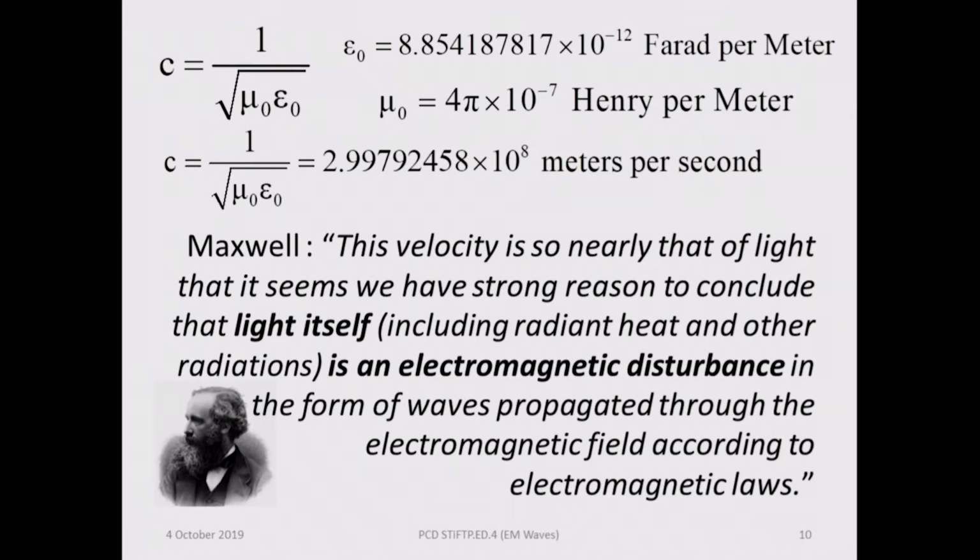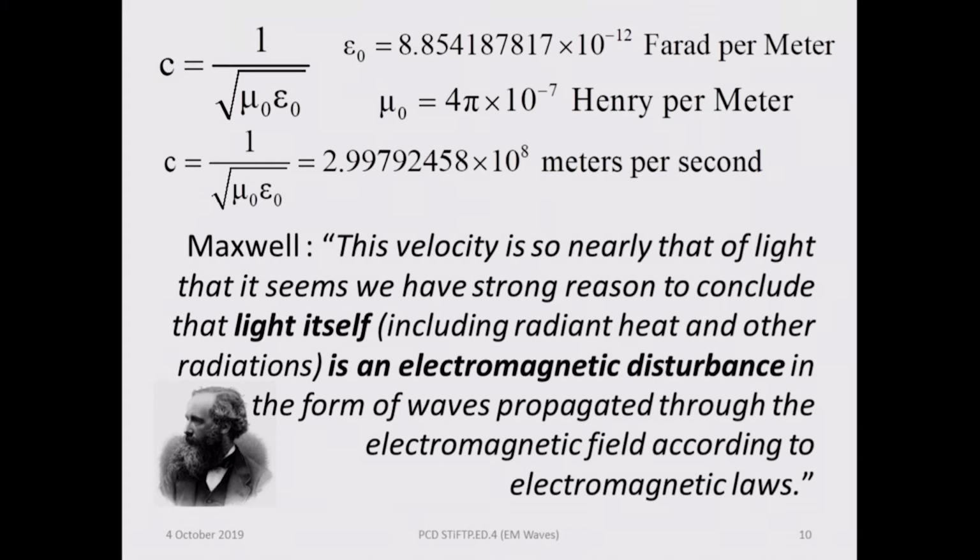And this speed Maxwell calculated from the properties of vacuum as were known, and the speed of light is estimated, it is revised periodically depending on how accurate measurements are carried out.